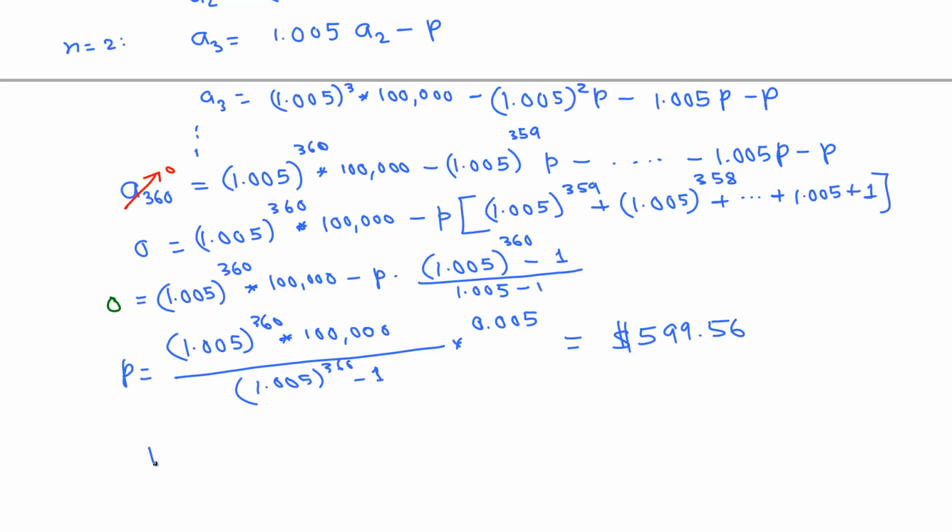So thus the payment will be P equals 599.56, and if you want to write down the model, A_(n+1) equals 1.005 A_n minus P, which is 599.56. Okay, final.